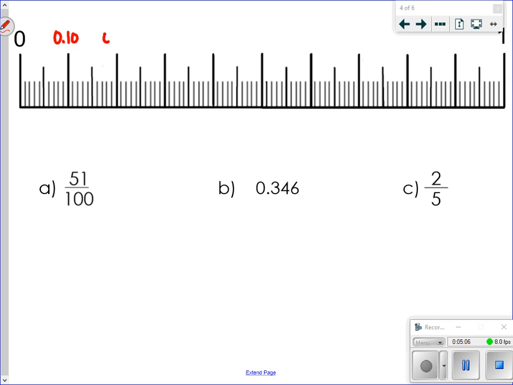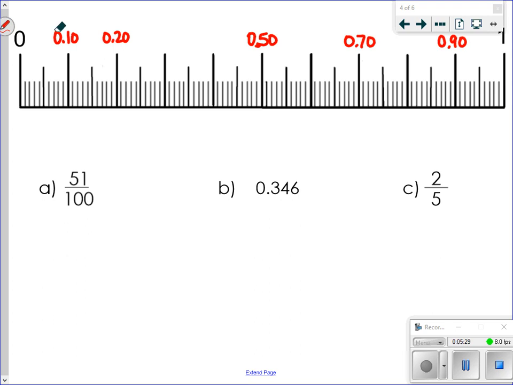This would be 20 hundredths, and so on. 30 hundredths, 40 hundredths. I'm just going to put 50 hundredths, 70 hundredths, because 60 would be in the middle. I just don't want it to get too squishy. 70, this would be 80, this would be 90 hundredths, and this would be 100 hundredths at 1.